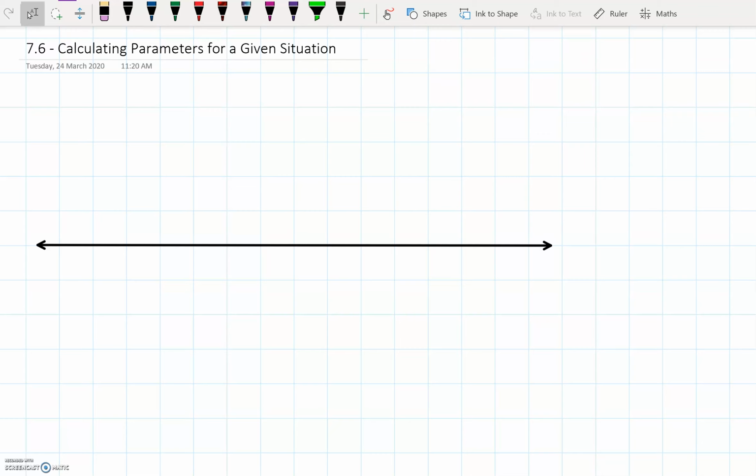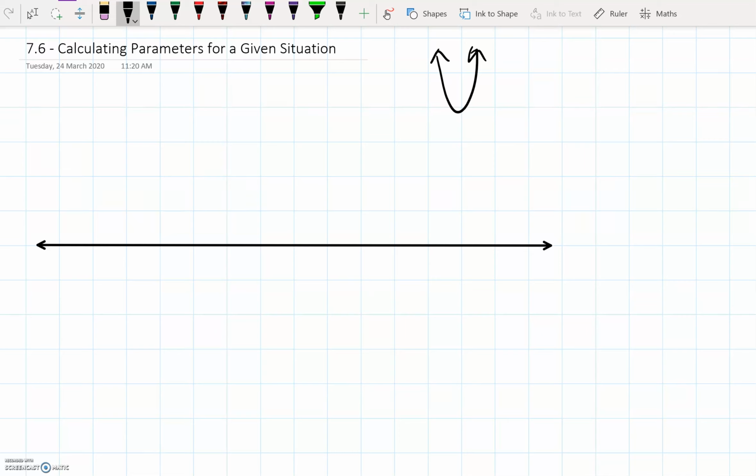So for a parabola that has a positive a value, that means the coefficient of x squared is positive. That means that our parabola looks like this. So this is a positive parabola.